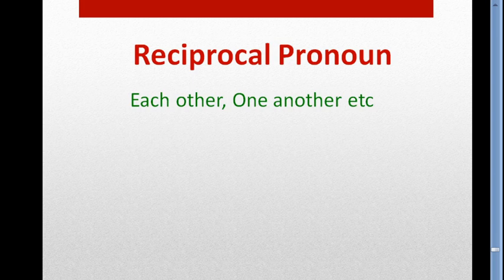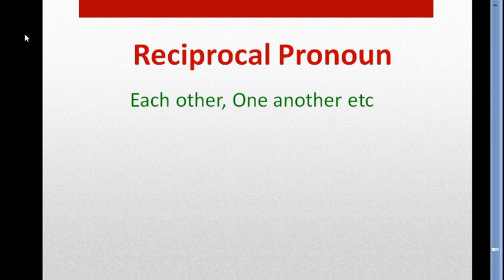Each other is used to indicate the relation between two persons. দুইজন ব্যক্তির মধ্যে সম্পর্কটা দেখানোর জন্য আমরা each other ব্যবহার করি। One another is used to indicate the relation among the persons, more than two persons.